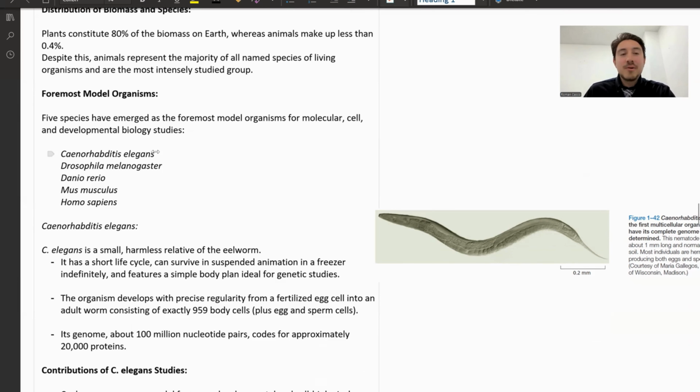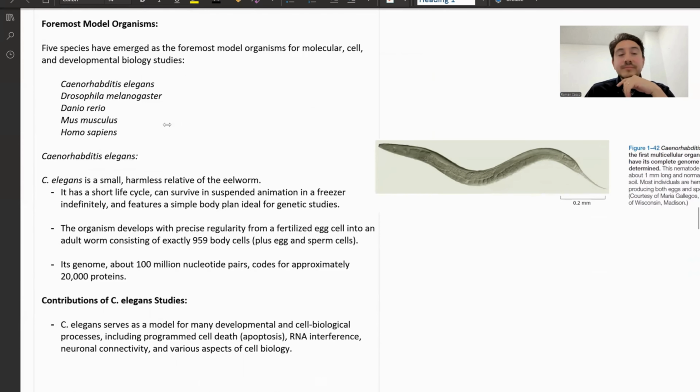So, among these model organisms, you have these five. You're going to see these used throughout this whole book. Five species have emerged as model organisms for, of course, molecular, cell, and developmental studies. The simplest one, if I can say, is Caenorhabditis elegans, C. elegans, as you can see here in this visual. Then Drosophila melanogaster, Danio rerio, Mus musculus, Homo sapiens.